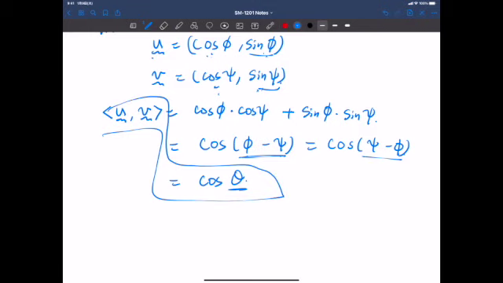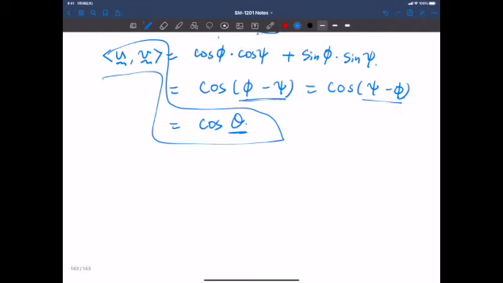Now consider the more general case, the next case, where u and v are not unit vectors.